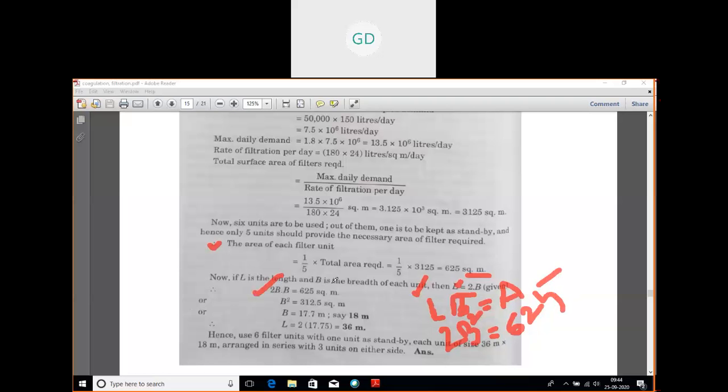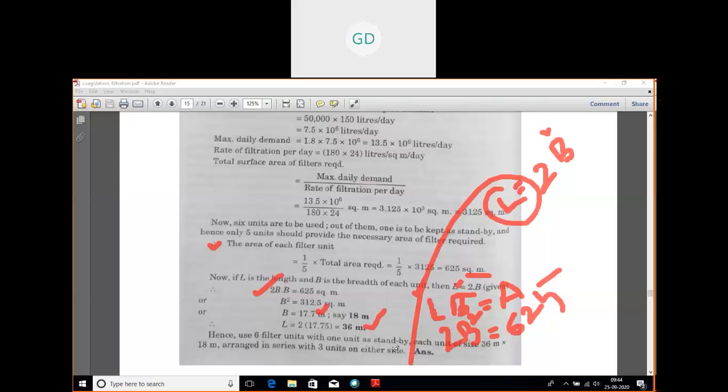After that you can easily find the value of the width B, and then you put the B value in L, since L is equal to twice B. Once you have B, you can easily find L. L will be double, so it is 36.